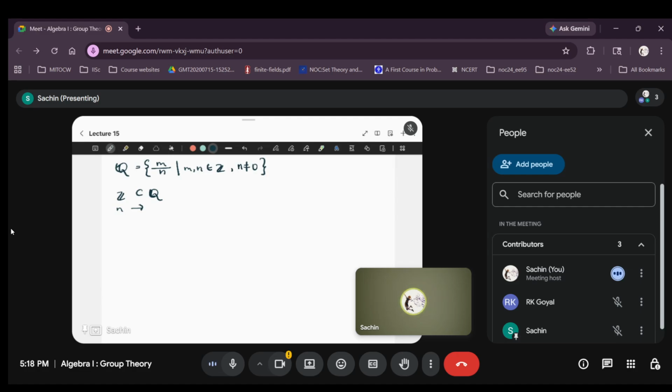Each integer can be considered as that integer divided by 1, so each integer is a rational number. Z is a ring, and from that ring we got a field by allowing fractions to exist.